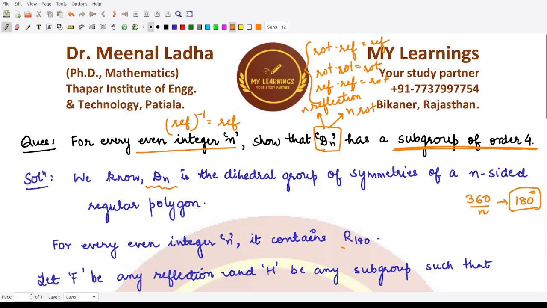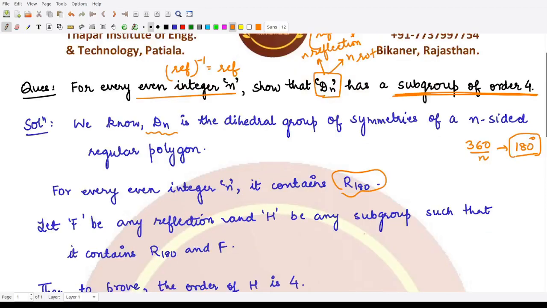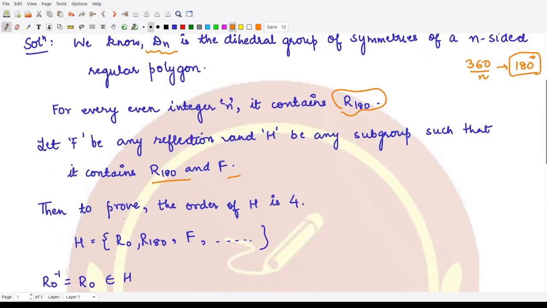So it would contain R180, and if we assume f to be some reflection and H to be a subgroup such that it contains both R180 and f, then we have to prove that the order of H is 4.